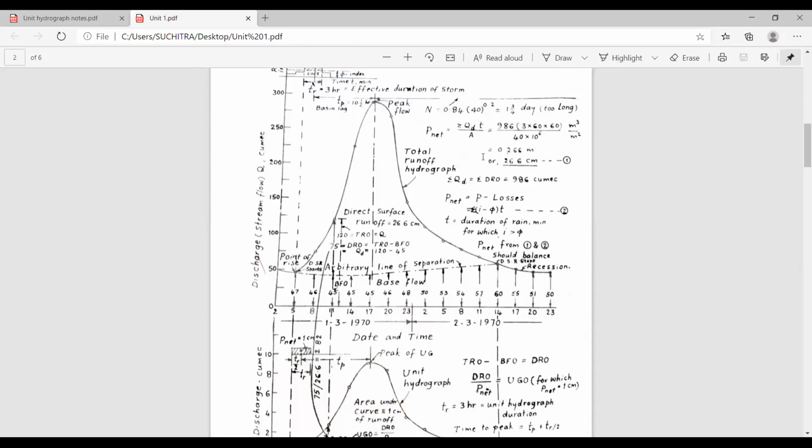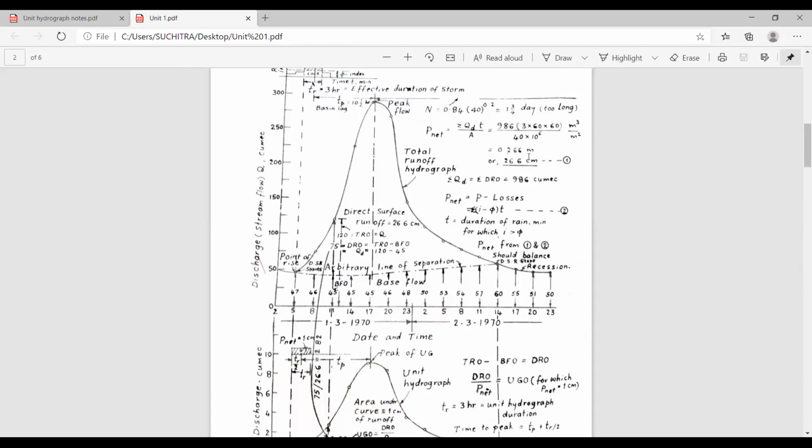So 986 into the duration of the storm, 3 hours, that is 60 into 60, divided by the area of the catchment, 40 square kilometers. You get the net precipitation depth as 26.6 centimeters or 0.266 meter.